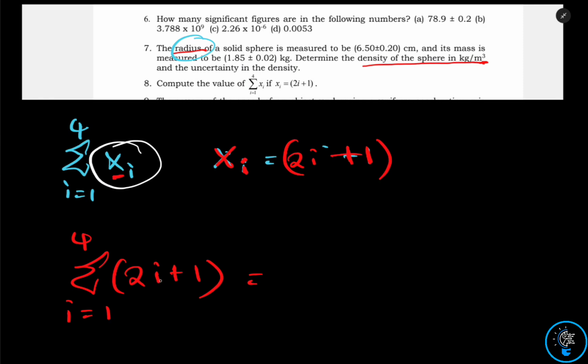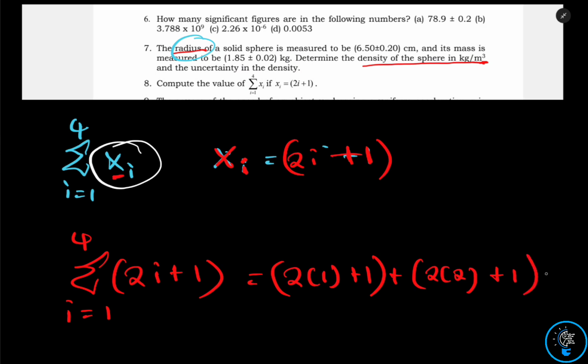Then from there, it's just a matter of substituting i there into the expression. So we're going to have 2 open 1 plus 1, plus 2 open 2 plus 1, then from there, we're going to say plus 2 open a 3 there, plus 1, plus 2 open a 4 there, plus 1.